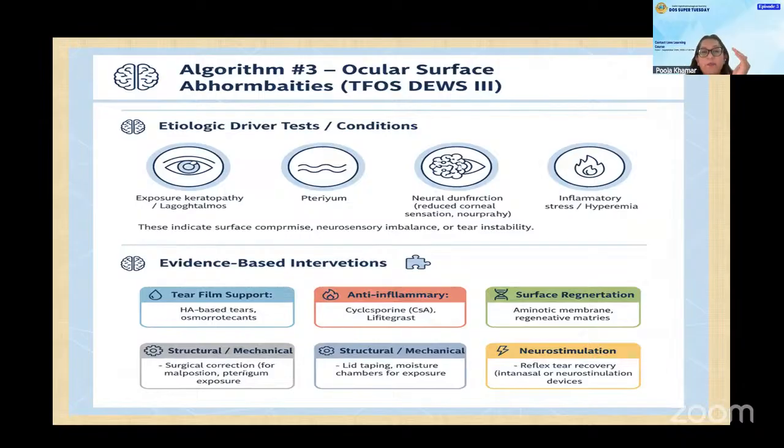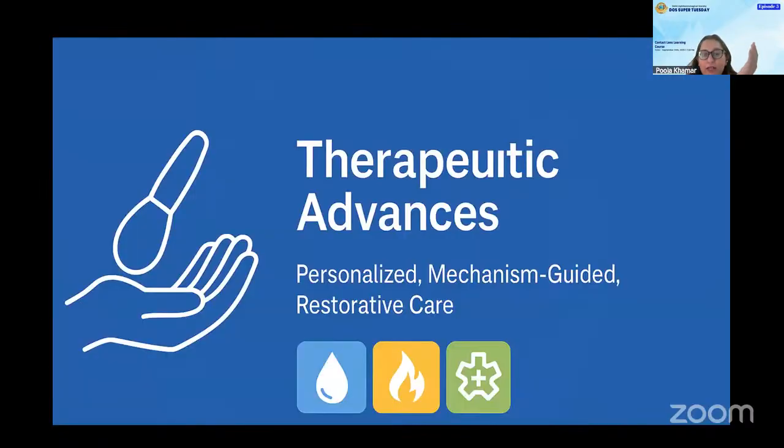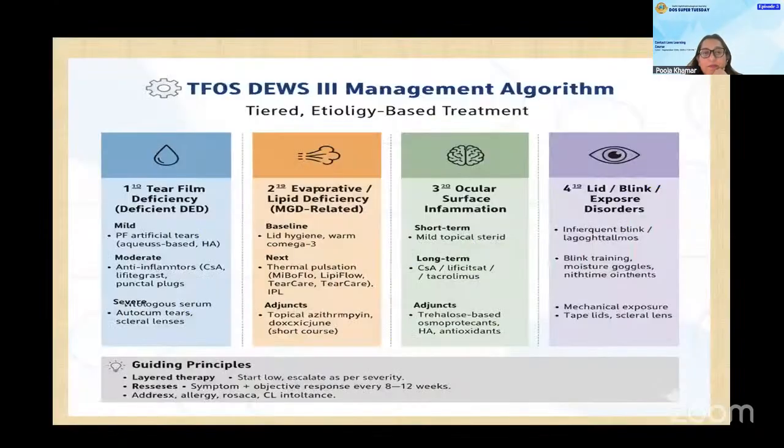So this is again a part of TFOS DEWS 3, how you should look at advanced dry eye. But otherwise, if you're looking at just simple dry eye, how to treat it, I'll come to it next. This is again from the TFOS DEWS 3 management algorithm. It's a tiered one. If the first stage is tear film deficiency, just a deficient dry eye, you start the patient on simple CMC-based drops.